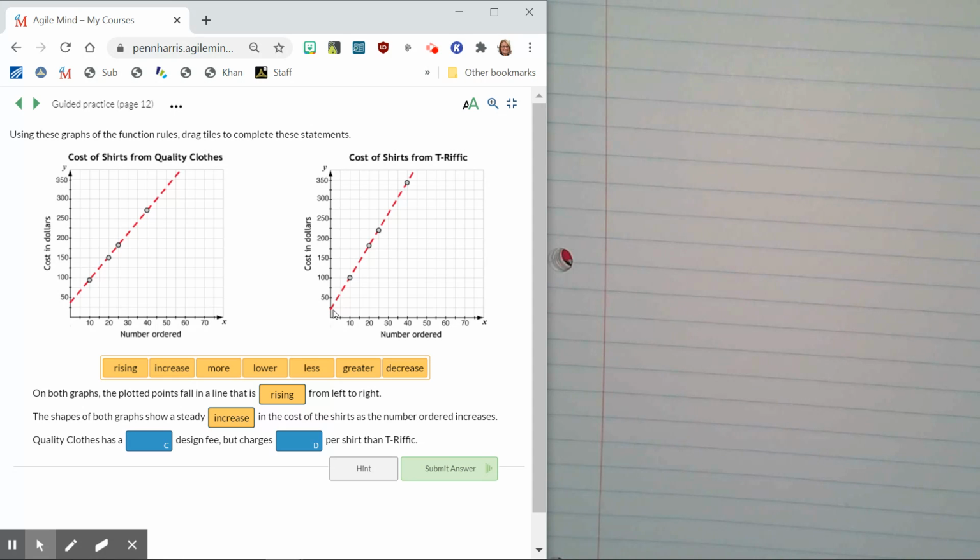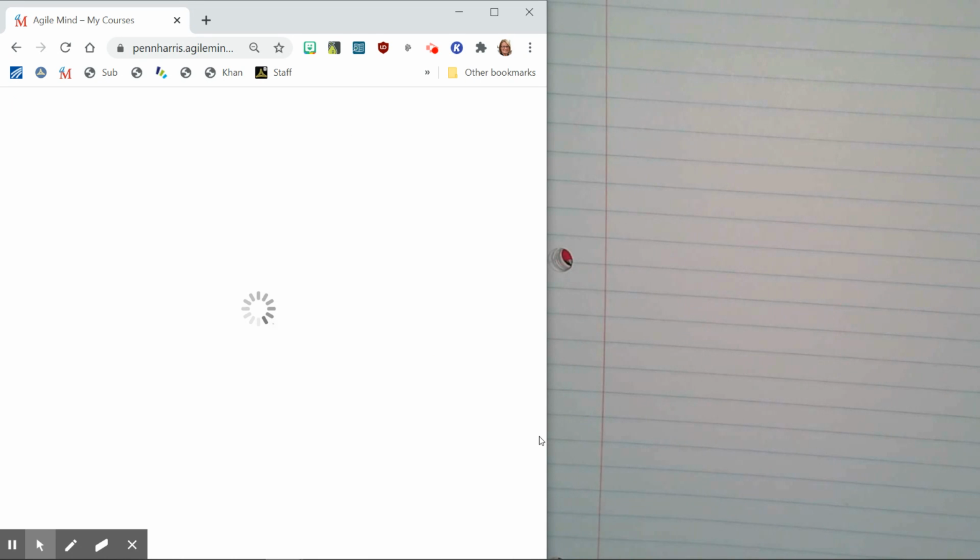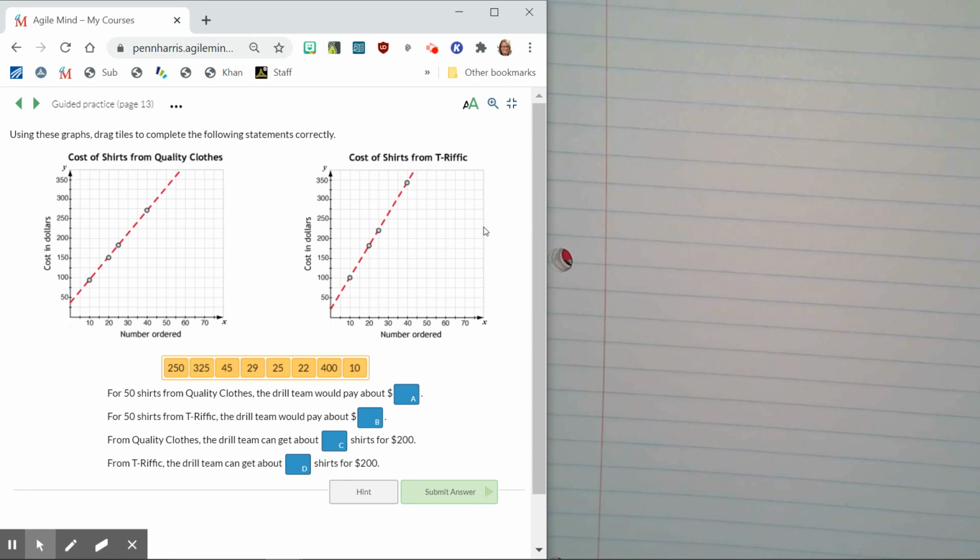So they have a greater design fee, but charges less per t-shirt. And part of that last problem, guys, is just restating it, making sure it makes sense as you read it aloud to yourself.